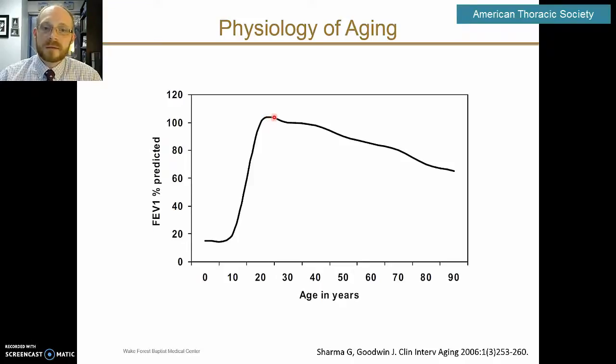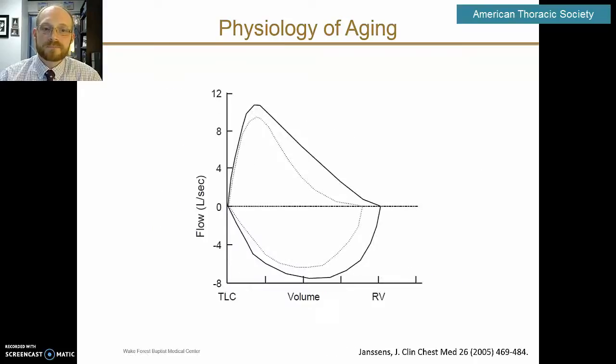After 20, or sometime in this decade, lung function begins to decline, and by the time a person reaches the age of 90, they may be down 20% or so from their personal best FEV1. But these changes, again, are part of normal aging.